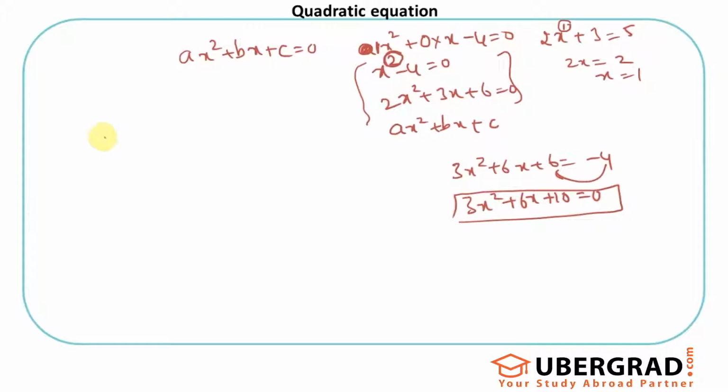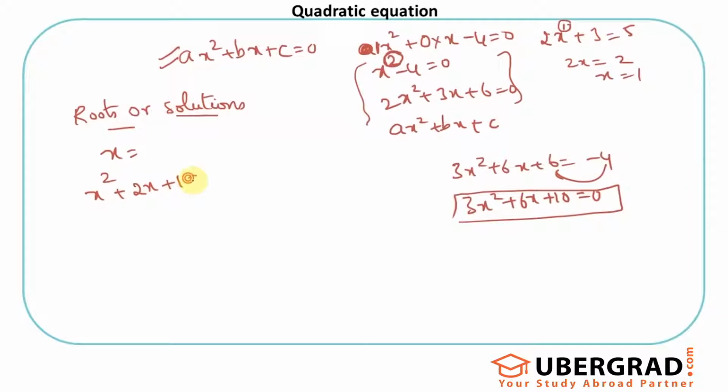Right? So a quadratic equation would have roots or solutions. Roots or solutions are basically the values of x which will satisfy the given equation. What do I mean by that? Let me take a simple example like x square plus 2x plus 1.